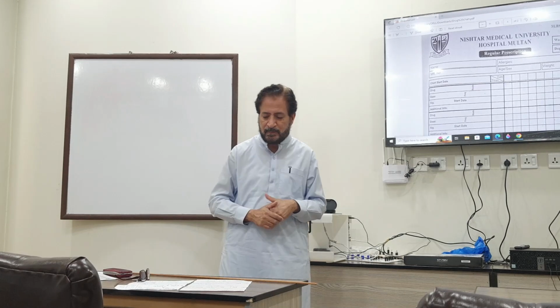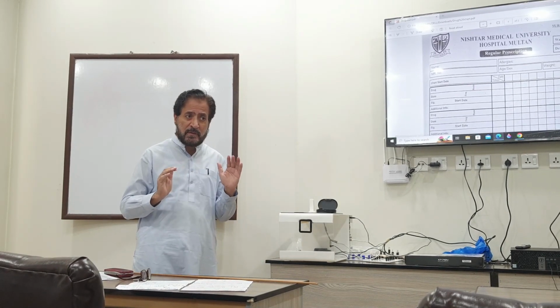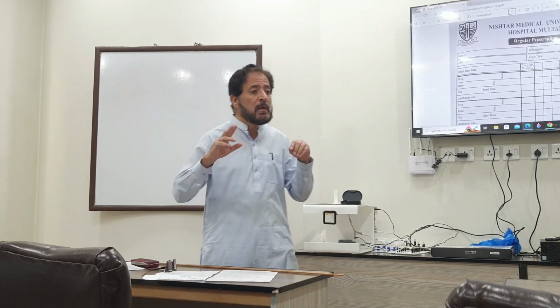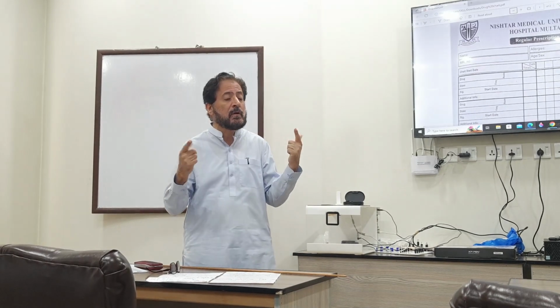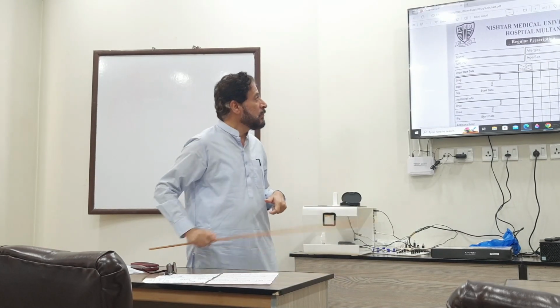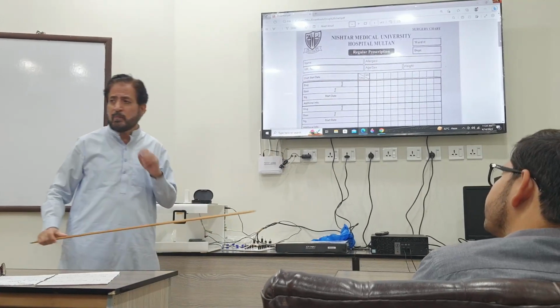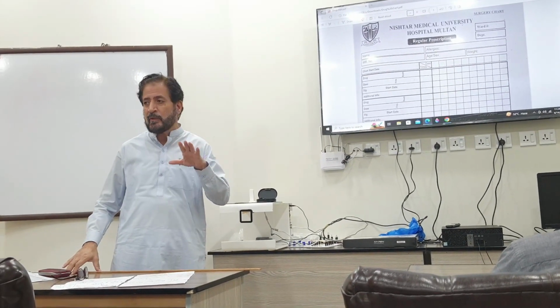The second thing is that each drug cardex must contain a section, which must be properly filled, about special instructions relevant to that very patient. For example, the first and most important thing that is almost always there is allergies. It must be entered. You need to ask during clerking of the patient, does the patient have any allergies?